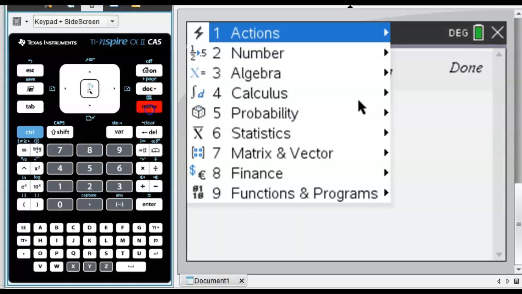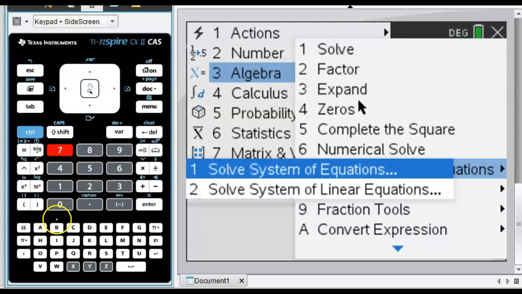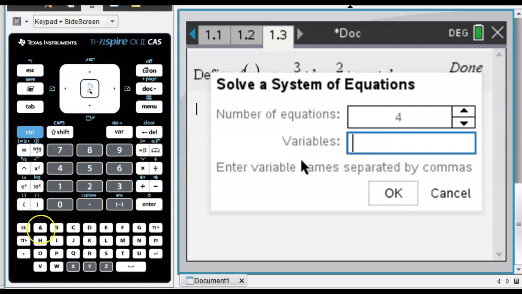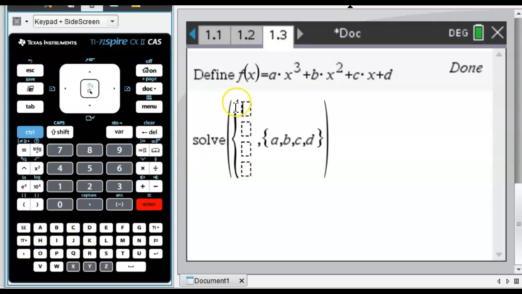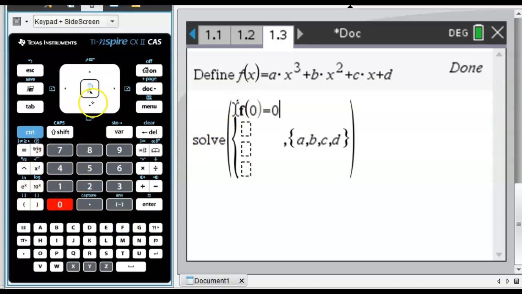Now let's go back to menu. This time I'm going to go into algebra, solve system of equations, and we've got 4 equations. Our variables are a, b, c, and d. I'm going to press enter, and we're going to enter the 4 equations. So f of 0 is equal to 0.